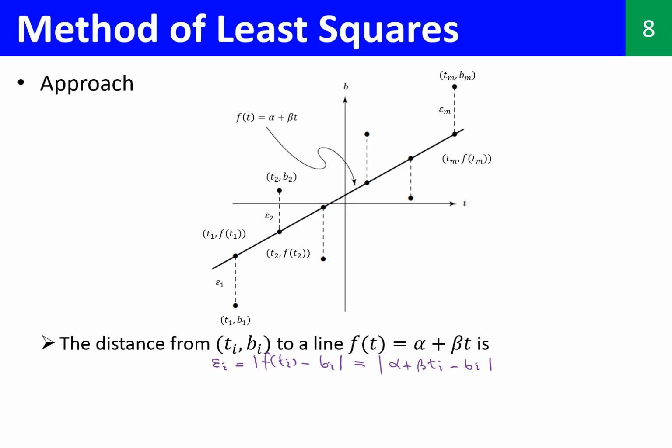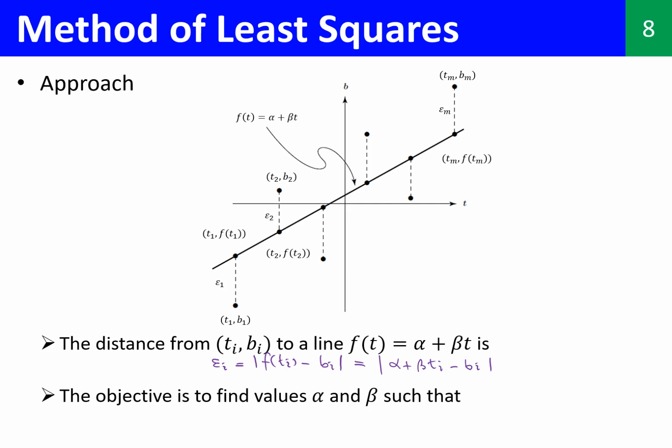Now, the errors can be positive and negative, and in fact, that's why we considered the magnitude of these errors. But on the other hand, it is better if we use the squared errors from a linear algebra perspective. So our objective is to find the values alpha and beta such that the sum of the squared errors is minimal.